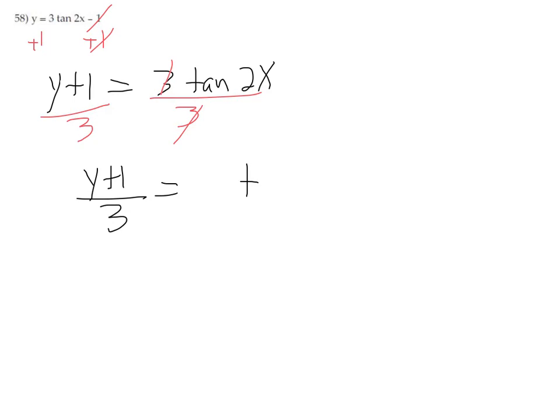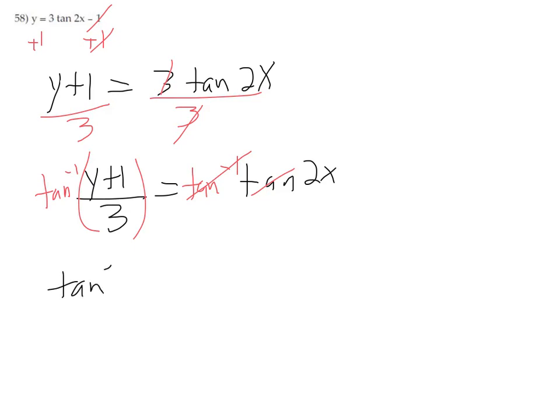I'm leaving a little space in front of the tangent because I know an arctangent's coming. Gives me a little room to write it. Arctangent, with some parentheses, will cancel the tangent out. We're getting closer now. We have arctangent of y plus 1 over 3 equals 2x. Since I already have fractions in my problem right here, I don't want to divide by 2, so instead I'm going to multiply by 1/2.